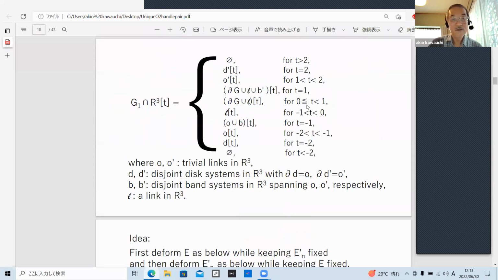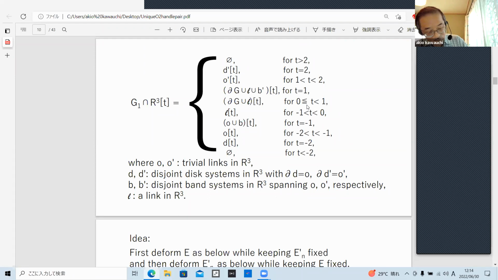Now the normal form. This is E. O and O dash mean trivial links. This is some kind of surface in four space.